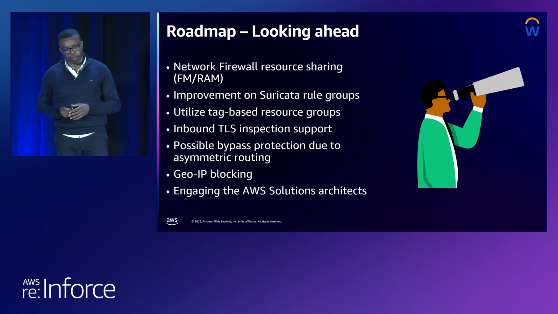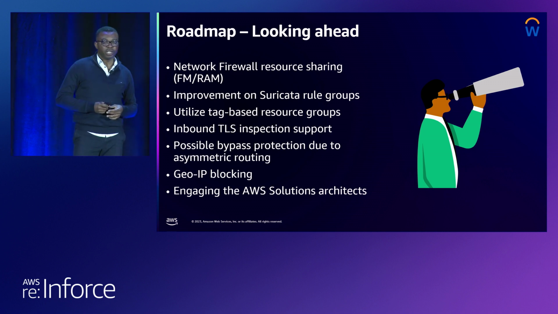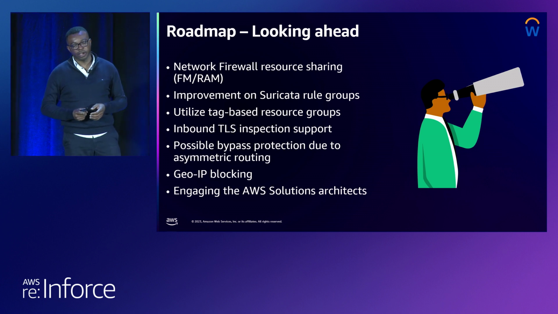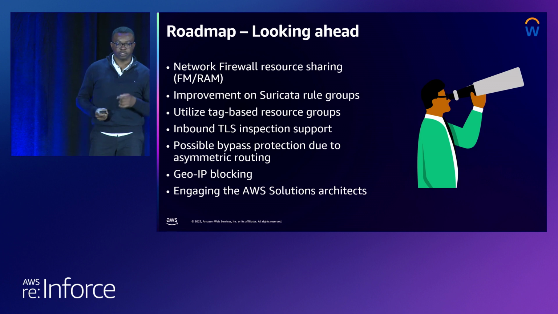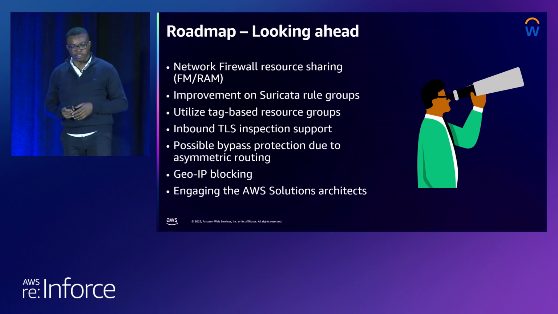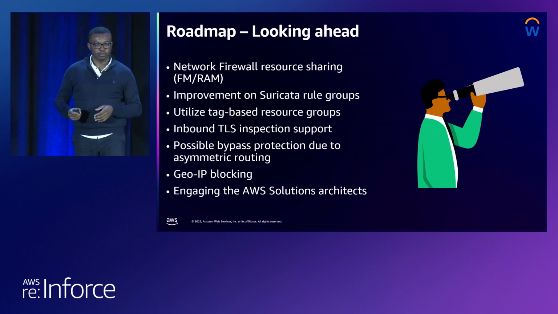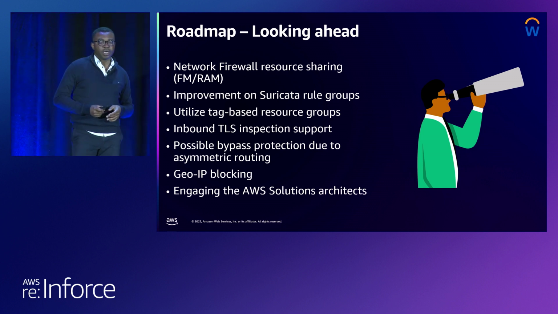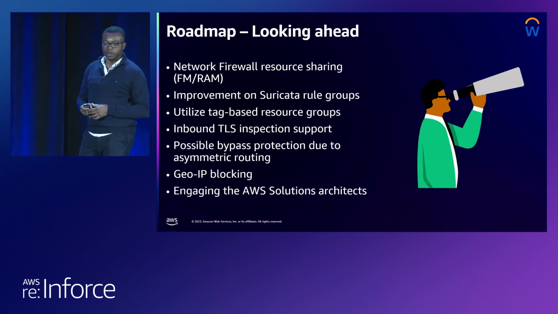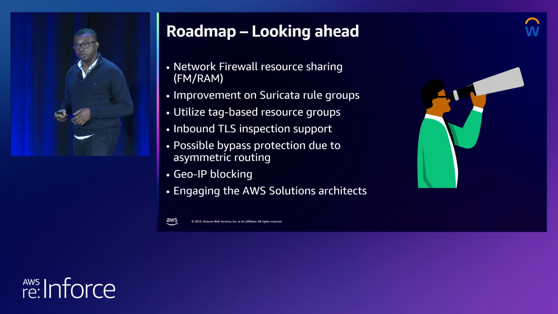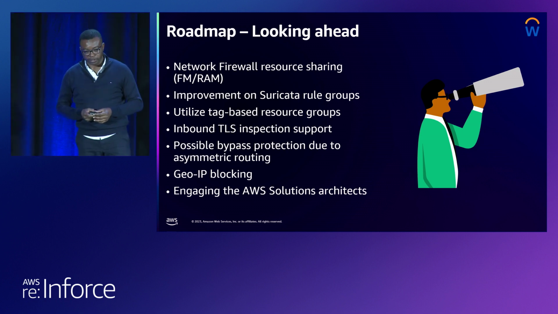We continue to make improvements on the Suricata rule groups, and we hope to start utilizing some of the newly supported features in the AWS Network Firewall, for example, tag-based resource groups, inbound TLS inspection, and support for symmetric routing. We also hope to start using geo-IP blocking when it's supported. And then we continue to engage the AWS solution architect. Thank you.